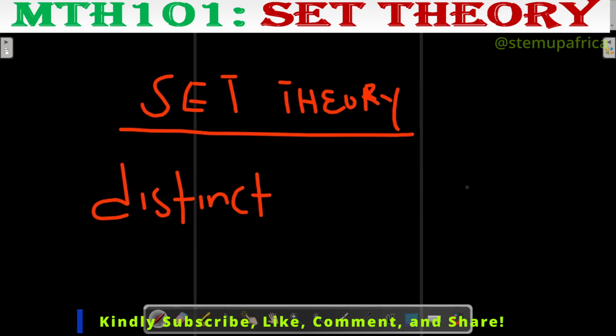Okay. So when they say something distinct, what does that mean? Those are examples of sets. So it's a set, a collection of distinct objects. What does it mean? Distinct means once, no repetition.